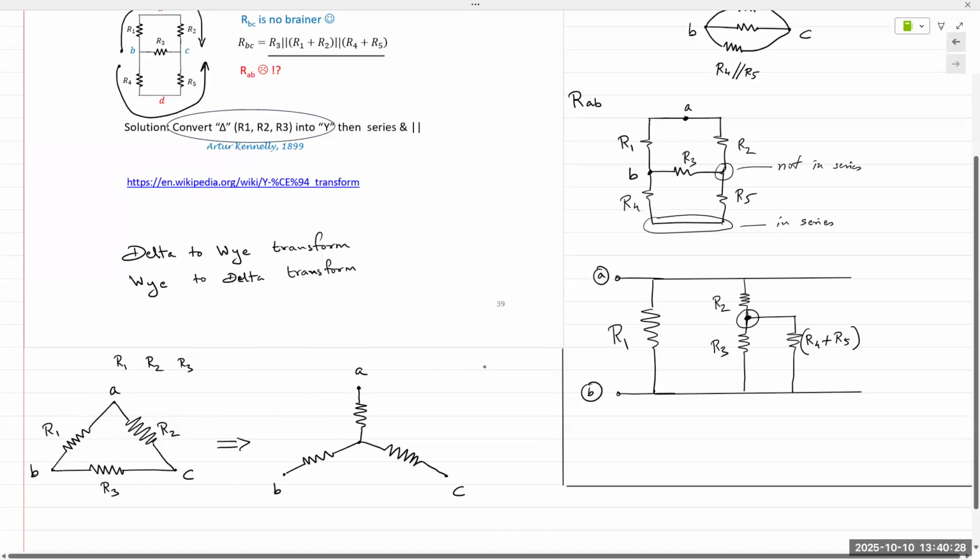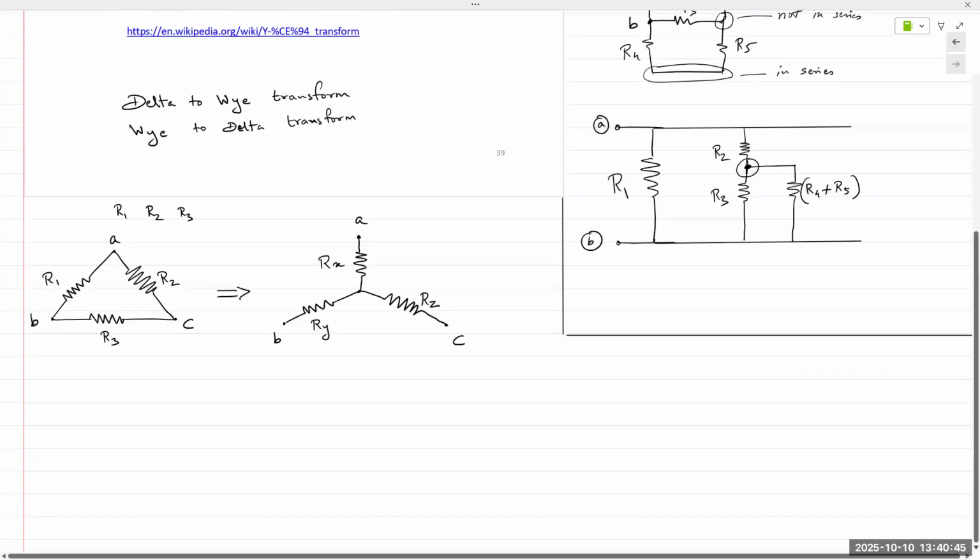Let's call these Rx, Ry, and Rz. Now there are derivations associated with this transform, but we are not going to look at that.